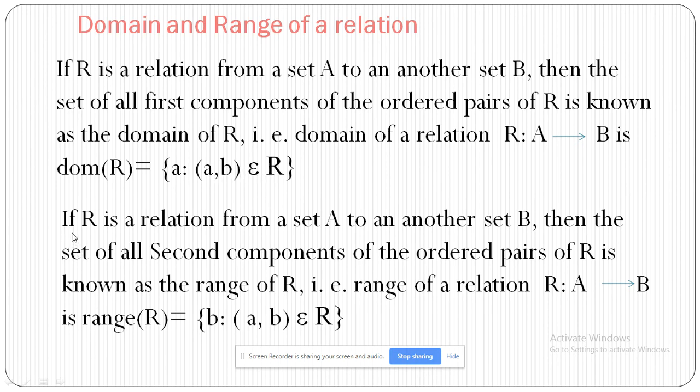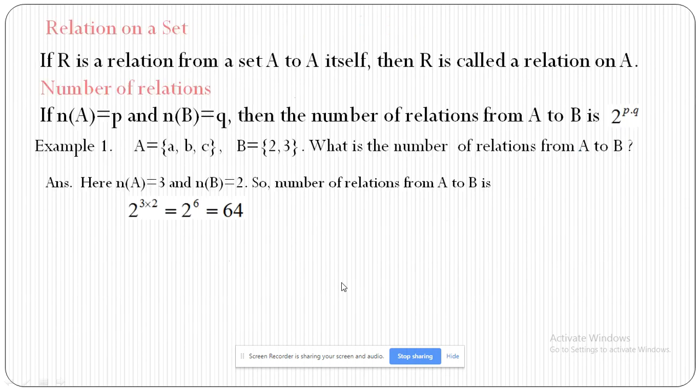Next, again, if R is a relation from a set A to another set B, then the set of all second components of the ordered pairs of R is known as the range of R. That is, range of R is {b : (a, b) belongs to R}.